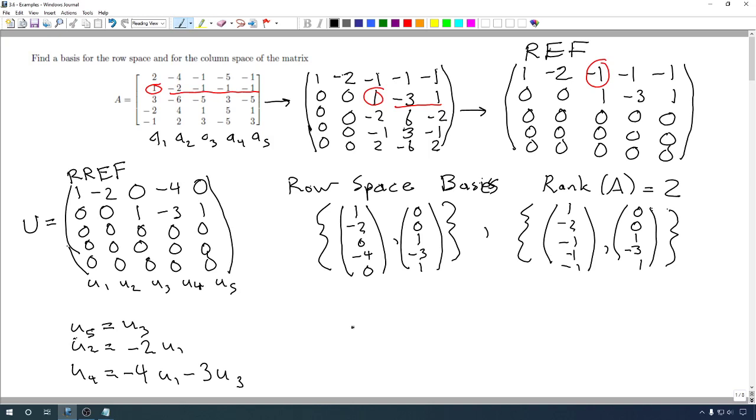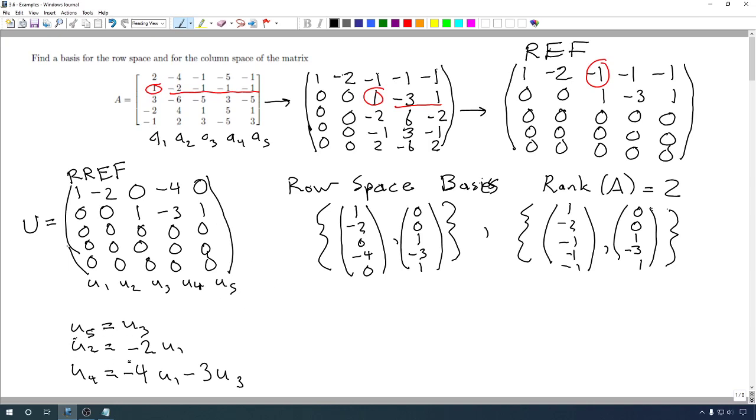All right. Let's look at how the columns of A are similar to the columns of U. They're not the same ones, but they are similar. In fact, if we look at A2, it is a multiple of A1. Everything in column 2 is just -2 times everything in column 1.